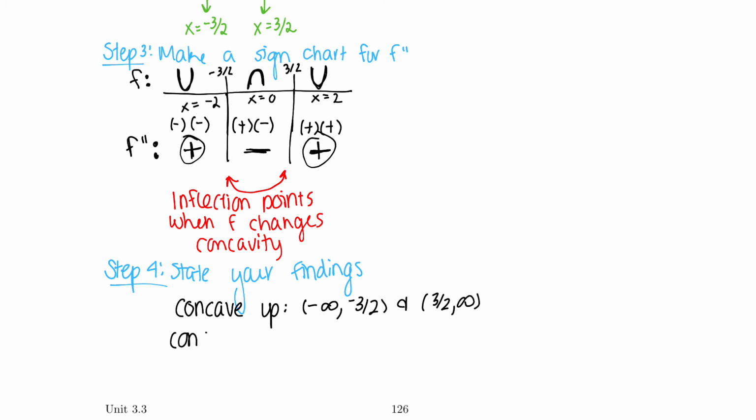And then we are concave down where f double prime is negative, so from negative 3/2 to 3/2.